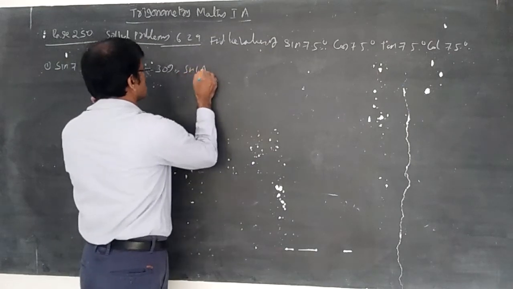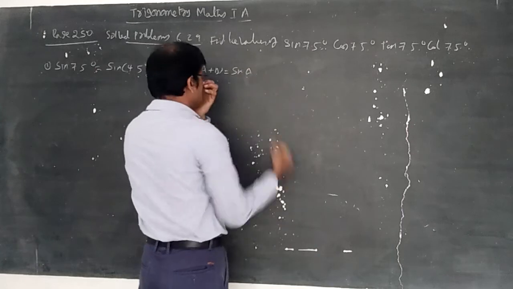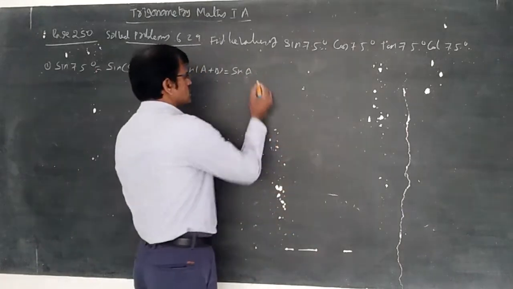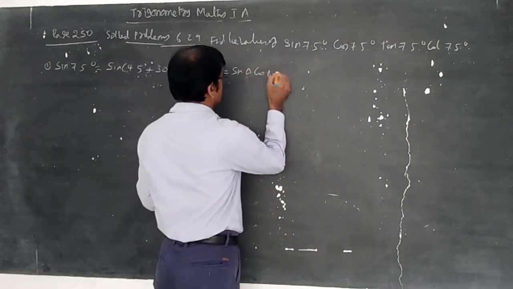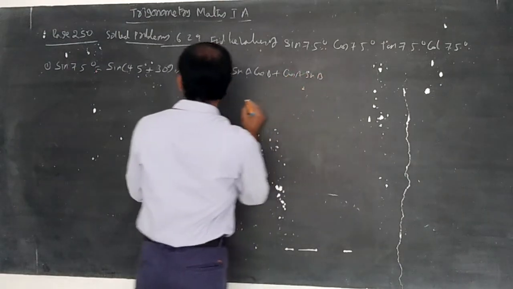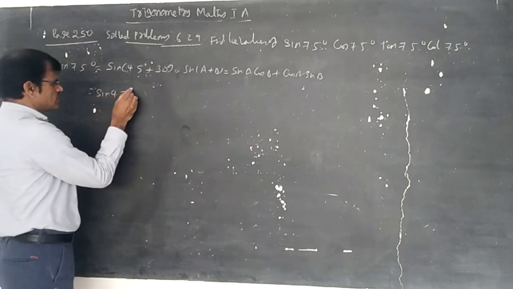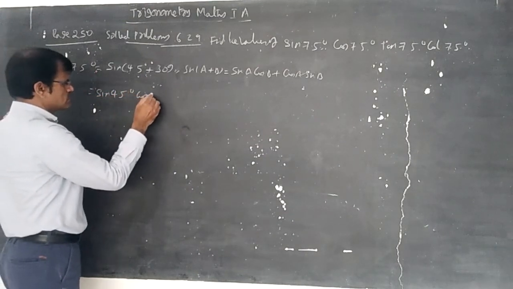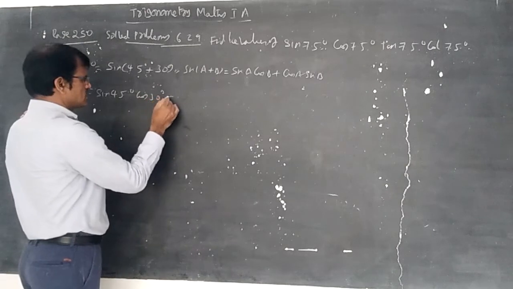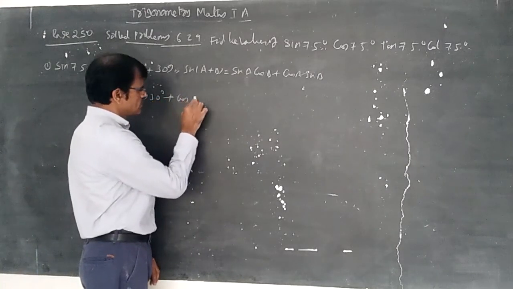Write the formula for sine of a plus b: sine a cos b plus cos a sin b. That is equal to sine 45 degrees into cos 30 plus cos 45 into sin 30.